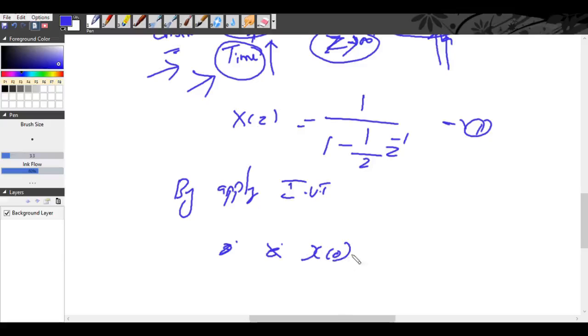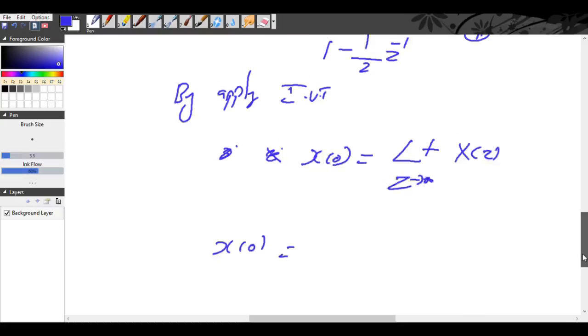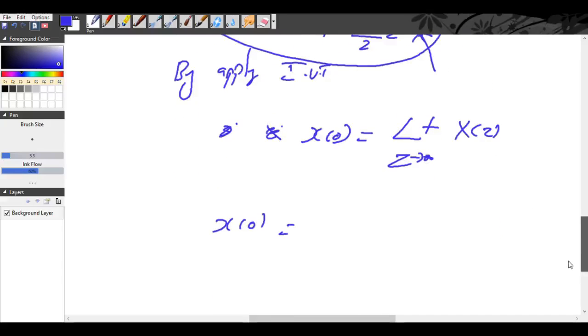X of 0 is equal to limit z tends to infinity x of z. This is the initial value theorem. So by applying this initial value theorem, this is x of z, so z tends to infinity. So when z is infinity, what will I be getting? I will be getting 1. So x of 0 is equal to 1.